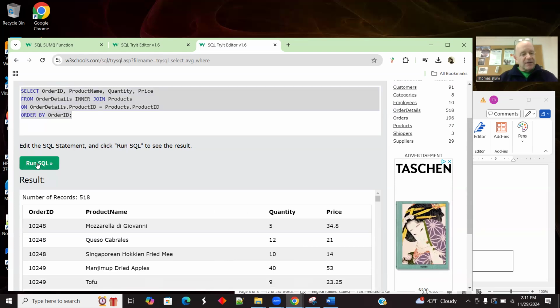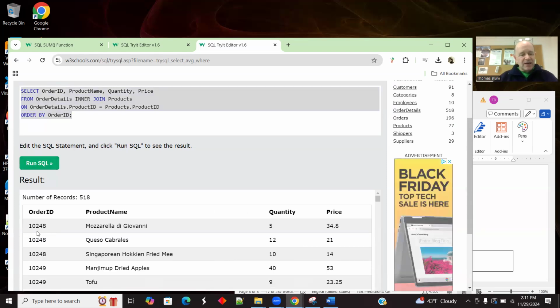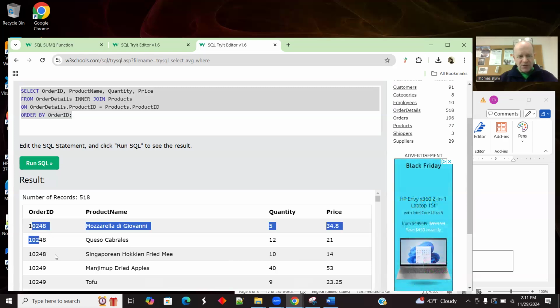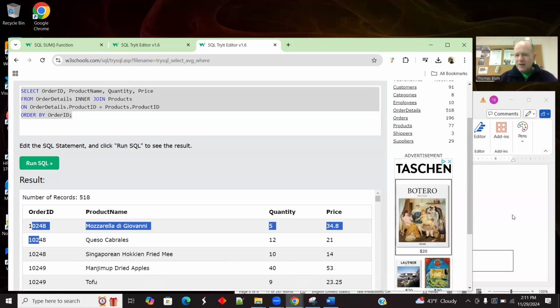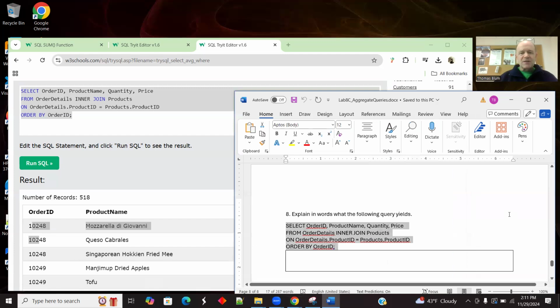That's a field name that's used in two different tables. But let's run that. And so we see here order 10248, which is again the first three rows. Here are the products, here is the quantity ordered and the price. So we ordered this mozzarella, we ordered 5, and they were 34.80 as their price. So that's what this does.